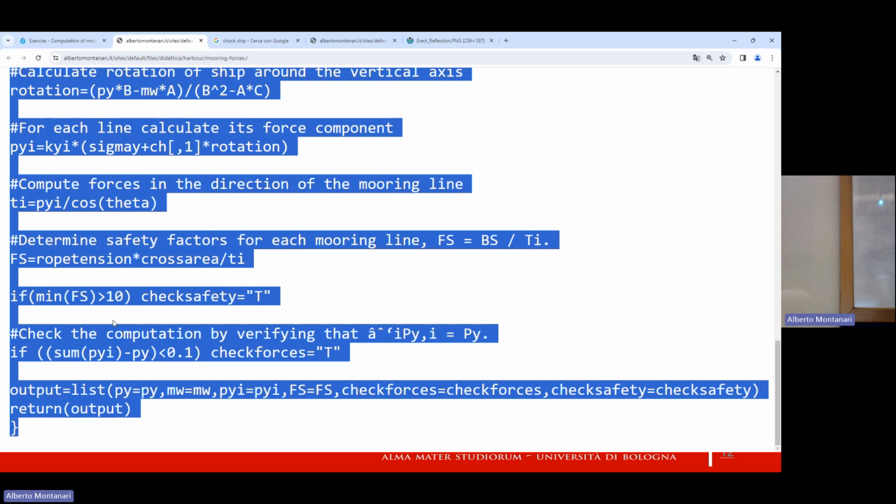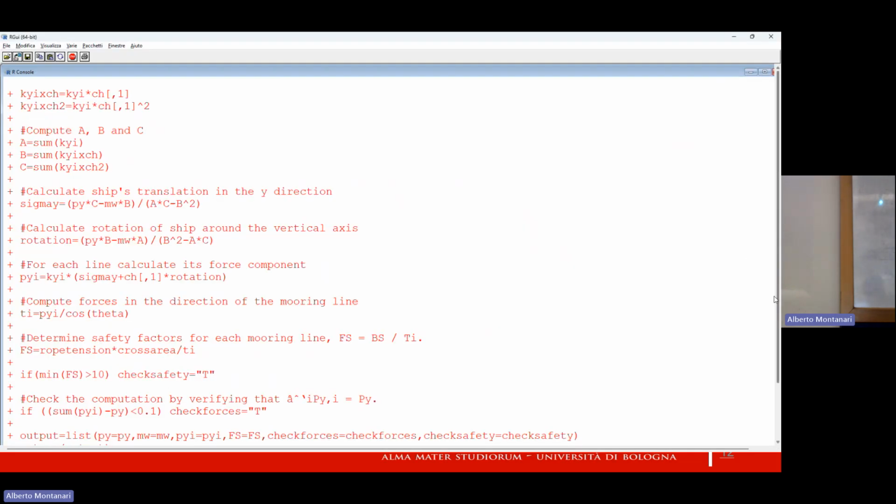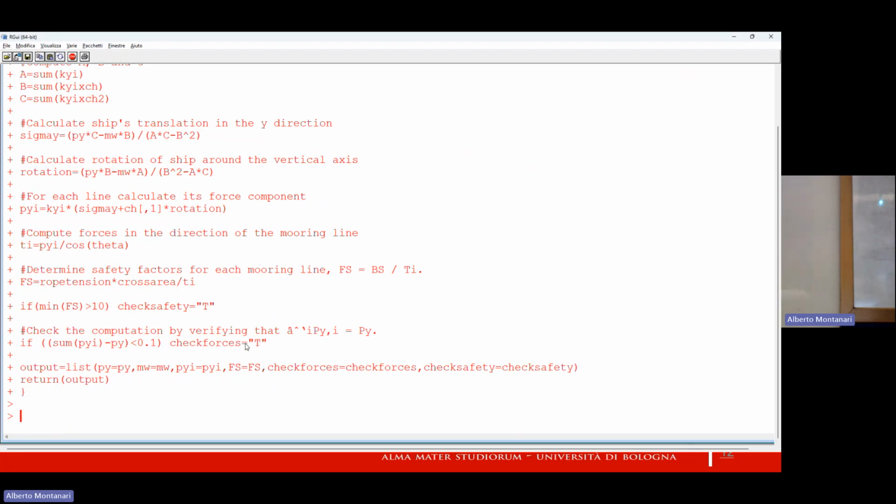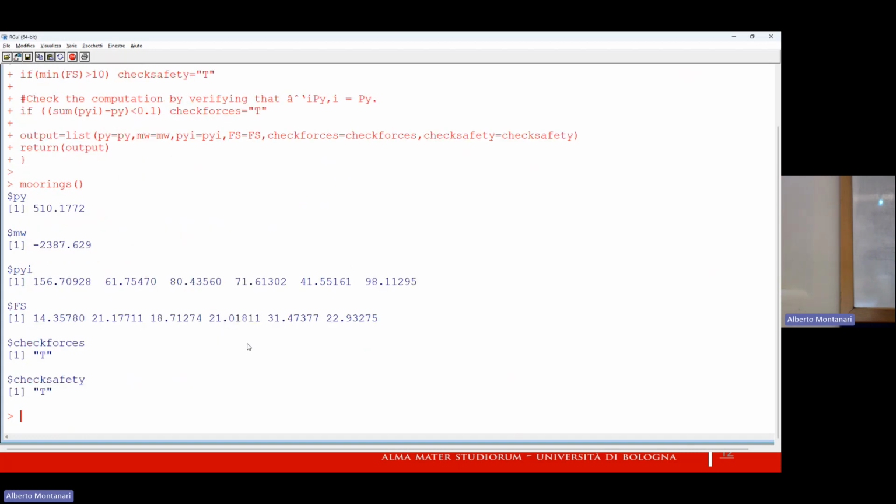One second. Okay, good. Now I can make moorings. So this is what I get back from the code, PY, yaw moment, the component of the wind forcing in the direction of the mooring lines.